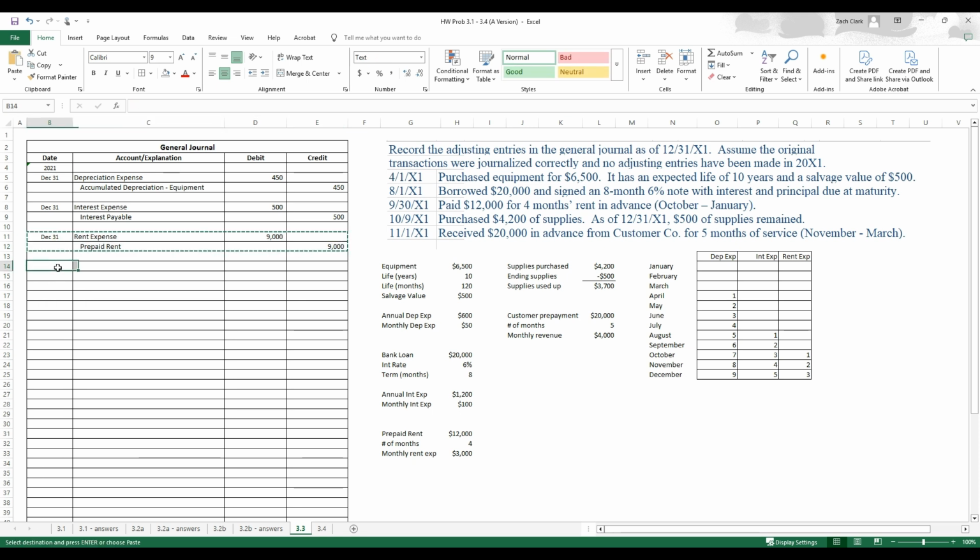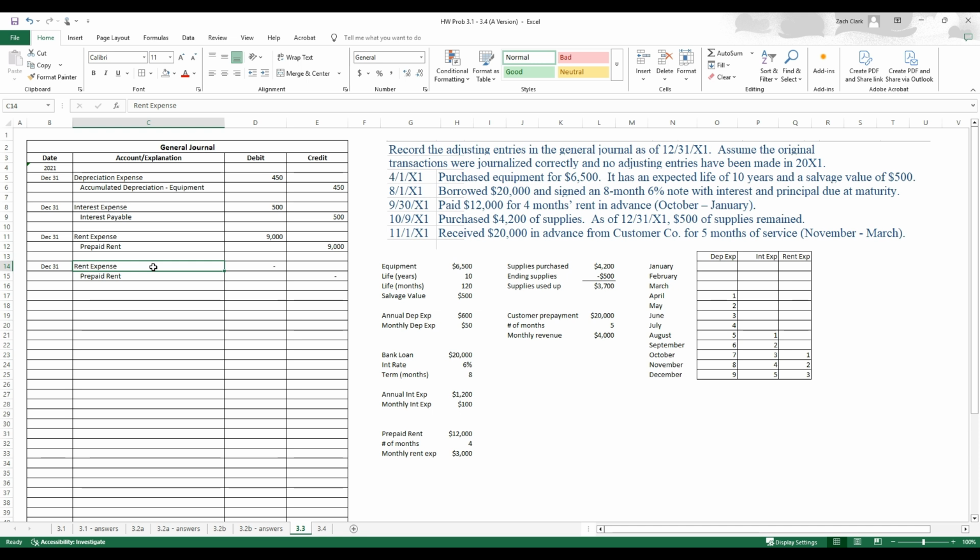And again, keep in mind that this is with the assumption no adjusting entries have been made. Usually we're doing adjusting entries every month, and so you wouldn't have this whole 3 months or 5 months recorded at once. Usually you're recording adjusting entries every month, so that's more common. But this problem, we like to do it this way in class just to make you think through how this is all working.